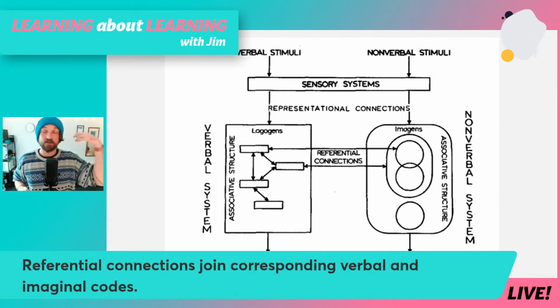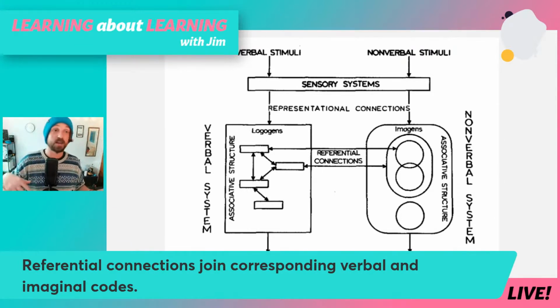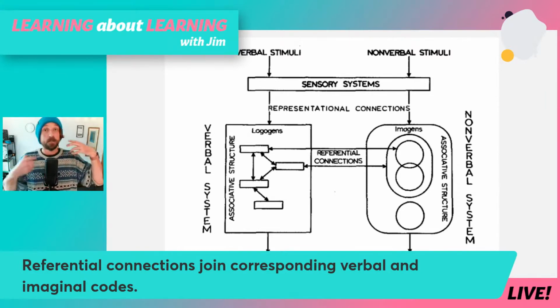So I have an image of my dog. Maybe a sound memory of a barking dog, the smell of a wet dog, all these sorts of things. Maybe I've also got feelings and emotions about dogs. Maybe it's a feeling of love and affection. Maybe it's fear. So referential connections connect the verbal system with the non-verbal system, and there's a dance between those two.